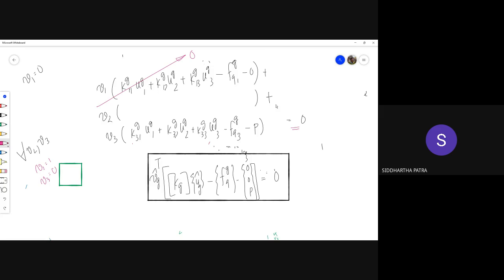Then also this sum should be 0. I'm not changing whatever is inside. If I choose V2 equal 1 and V3 equal 0, then this expression is 0. And if I choose otherwise, V2 equal 0 and V3 equal 1, then also this whole expression is 0. The only way that is possible is if whatever is inside the bracket is 0.